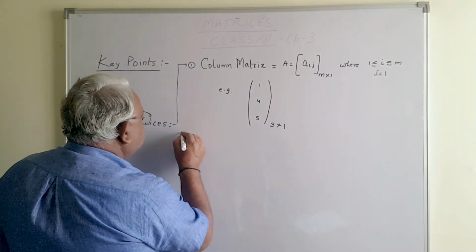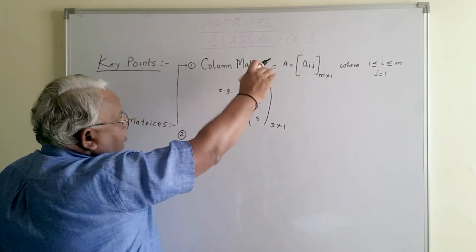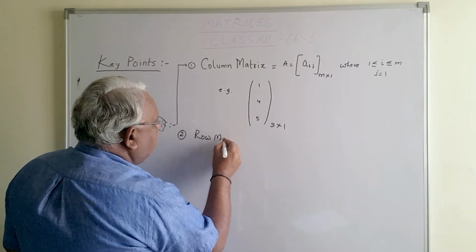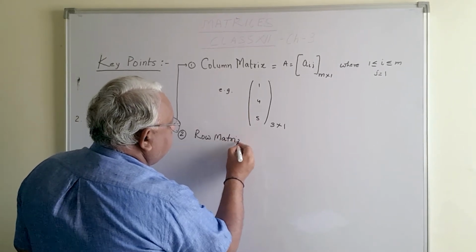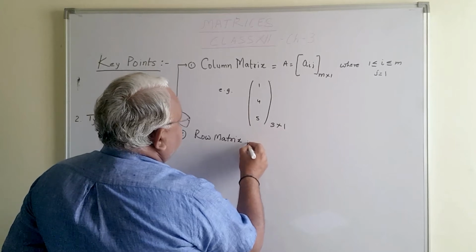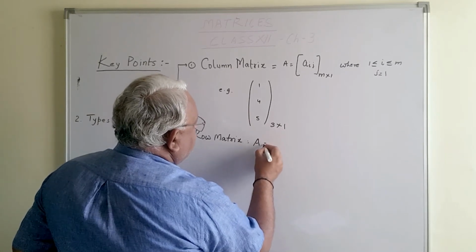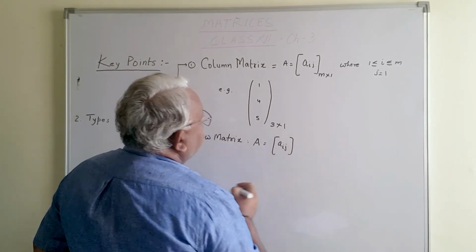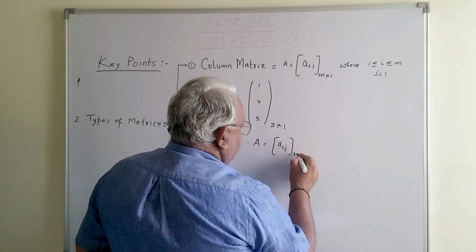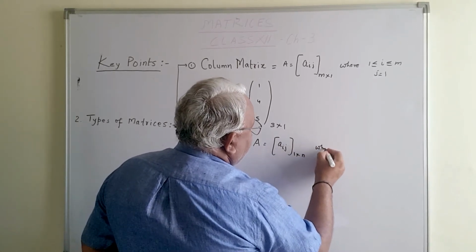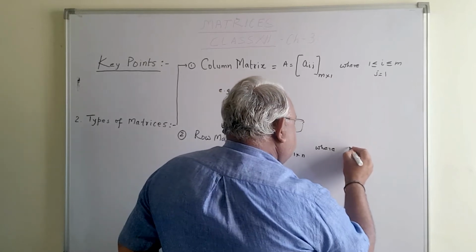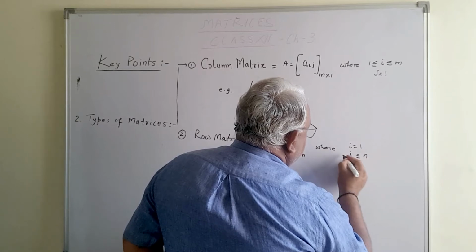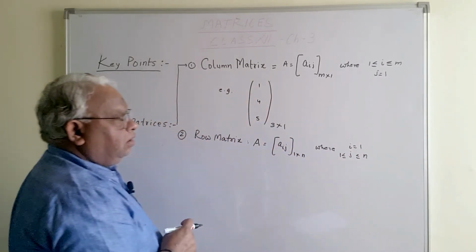Now let us move on to the row matrix. As you have understood the column matrix, you need to understand the row matrix also. Row matrix is A is equal to Aij, 1 cross n, as usual, where i is equal to 1 and j is varying from 1 to n.